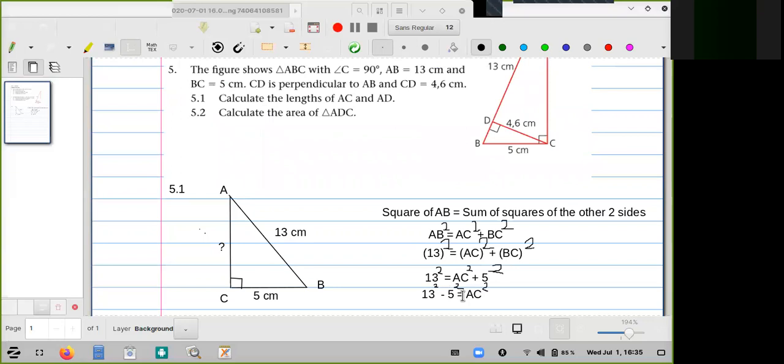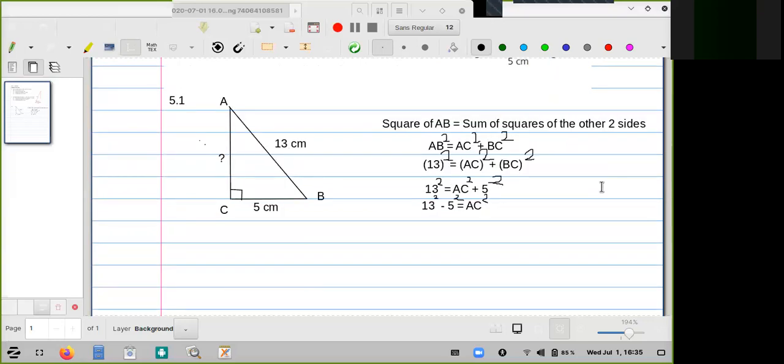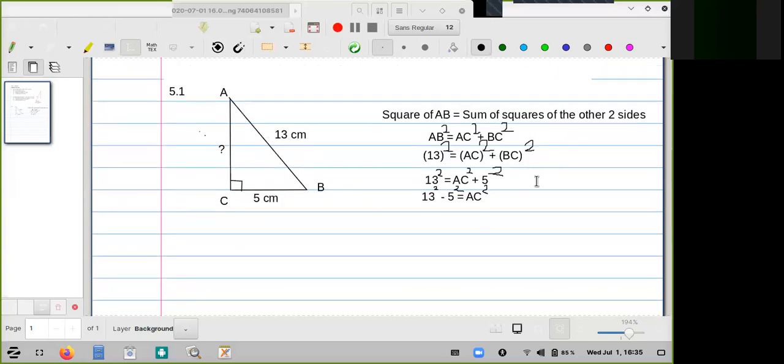They are perfect squares, right? So I'm going to factorize that, then we will come up with 13 minus 5. I've just distributed the numbers that I'm squaring. Then 13, remember, the other bracket must be positive, right?